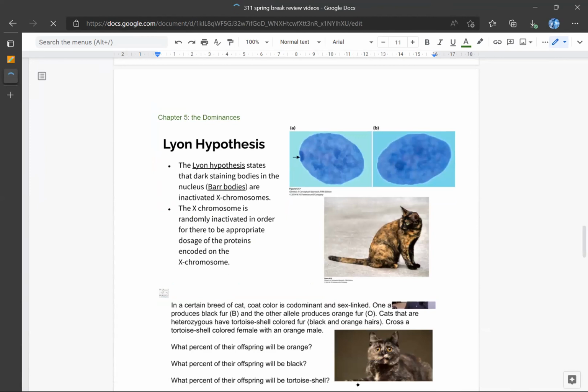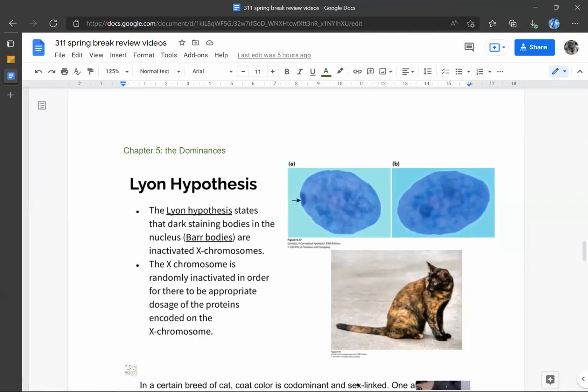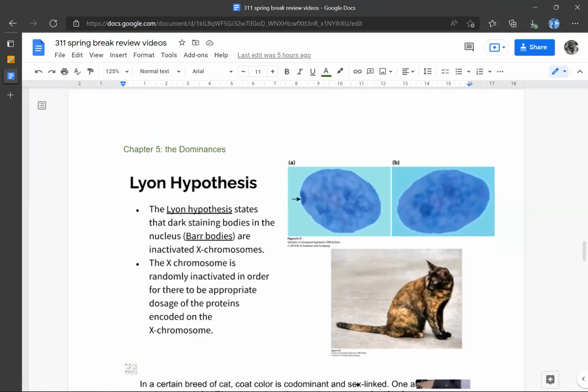Okay, so Barr bodies. Okay, so let's make this bigger. So a Barr body, before we talk about Barr bodies, we know that, for example, in mammals, like this cat, the homogametic species is what kind of individual?